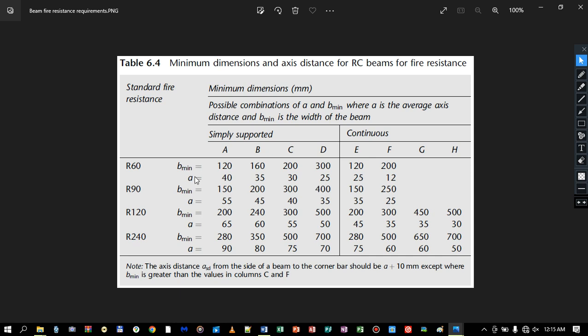And then this is the axis distance from the bottom surface of the rib to the center of the rebar. It should be 25 to satisfy the fire resistance requirement. Remember that there are other requirements like durability, which in most cases governs the concrete cover.